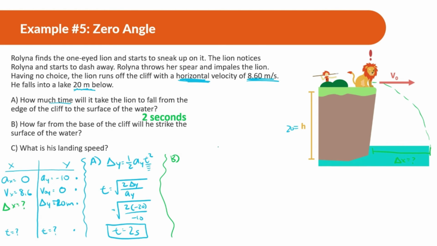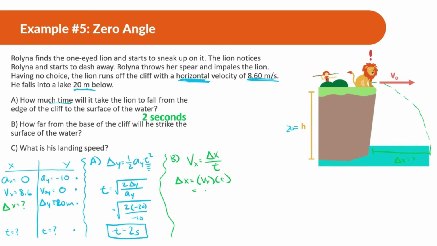Since it's asking for something in the x, we can only use the information in the x. We only have one formula. Velocity in the x is equal to displacement in the x divided by time. We're looking for displacement, so let's manipulate this. Displacement in the x is equal to velocity in the x times the time.